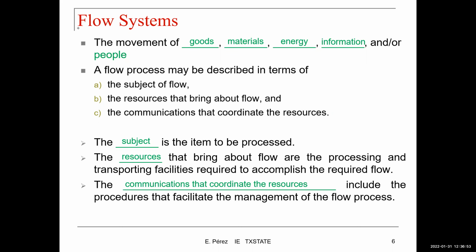And the communication, obviously, this is where the resources are coming into play, include the procedures that facilitate the management of the flow process. So you have the entities, but the entities are not going to be moving by themselves. So you need to plan for the resources that are going to be needed. So this could be an operator, or this could be a machine, material handling equipment, or the combination of both.